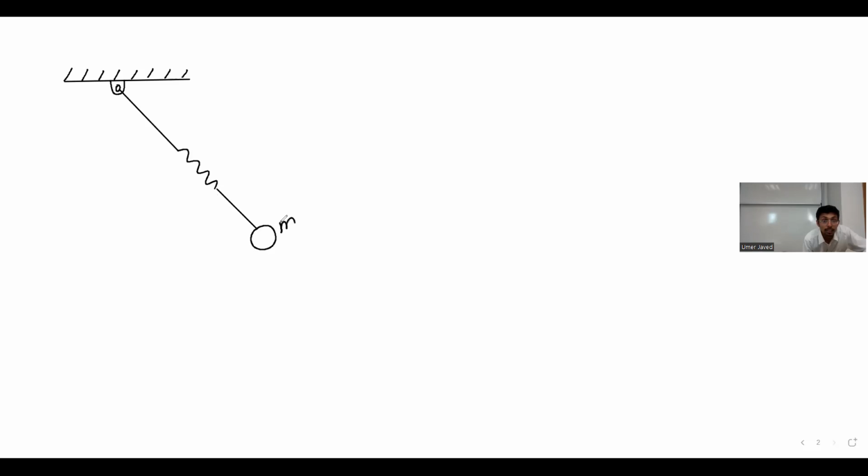This is the mass and your spring is massless. This is theta, I apologize. Now, the length is L plus R, the total length.